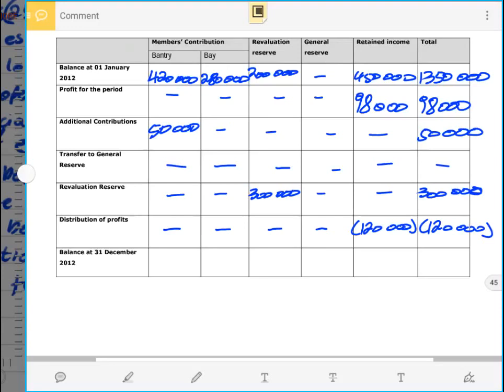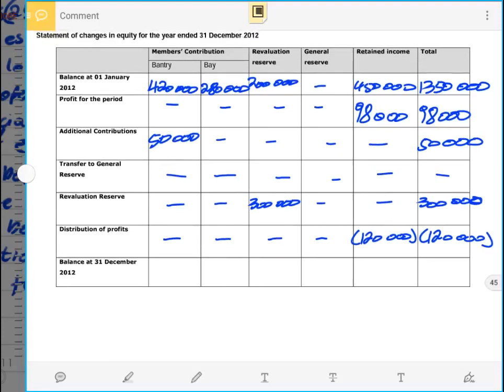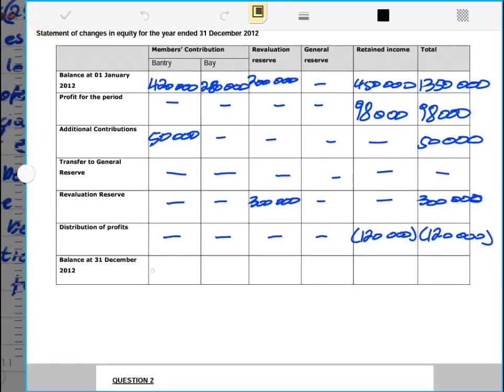420,000 rands plus 50,000 rands gave us 470,000 rands. 470,000 rands, and this will be 280,000 rands, and this will be 500,000 rands. Nothing here.